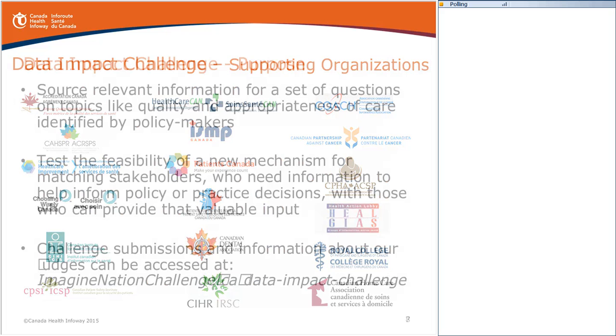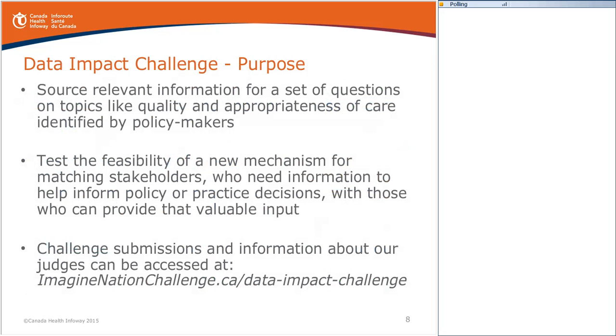The purpose of the Data Impact Challenge was to source relevant information to a set of questions or topics on quality or appropriateness of care. We worked with our supporting organizations to come up with all of these questions, and as you can see by the results, we were overwhelmed by the response we got to information that hasn't really been known in a broad sense in the Canadian marketplace.